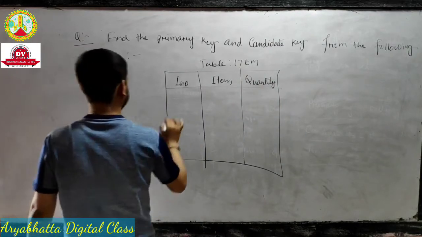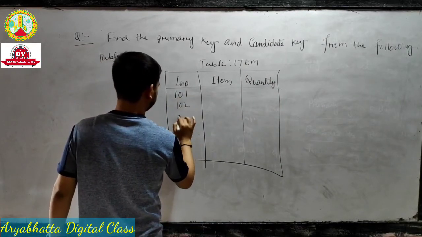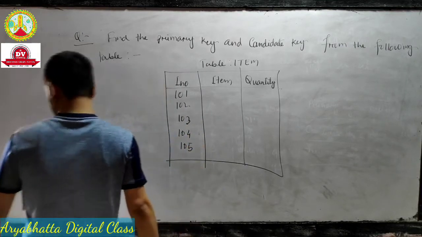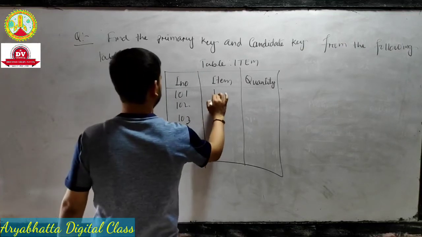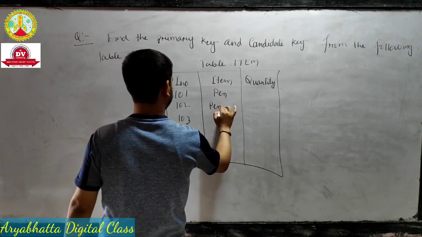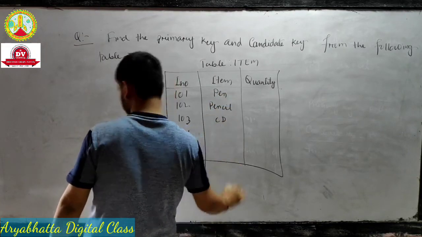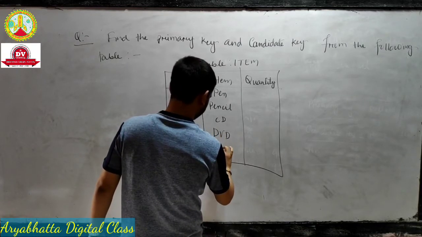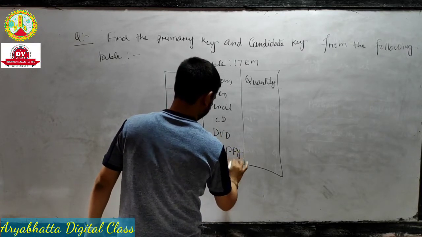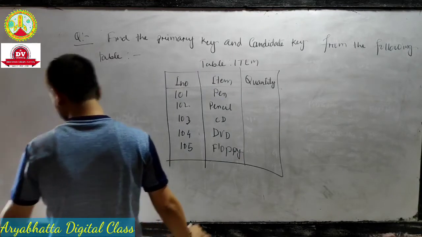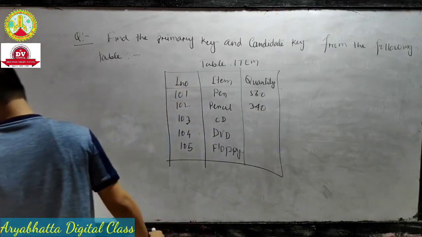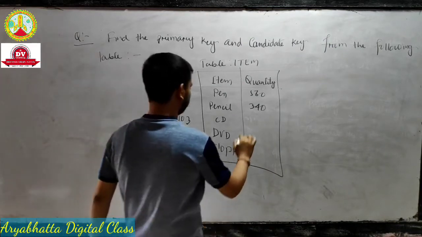So there is item number. Item is what? Pen, CD, DVD, floppy. And quantity is 560, 340, 540.